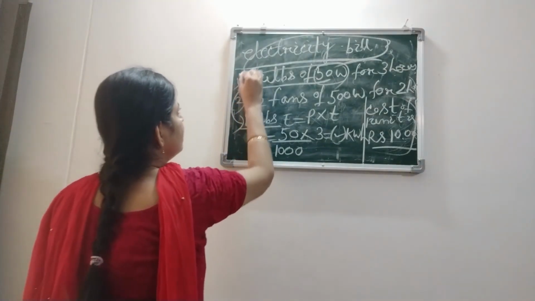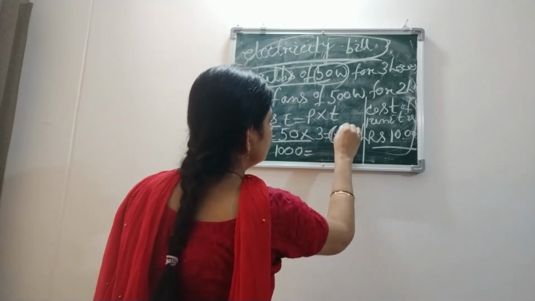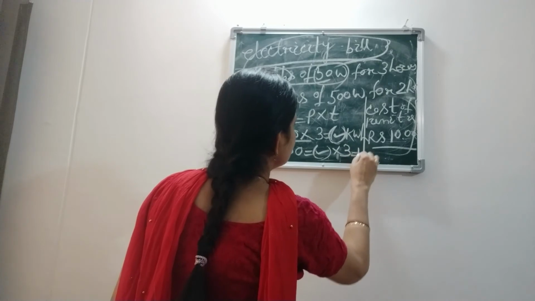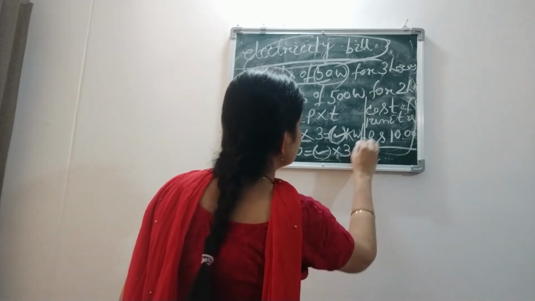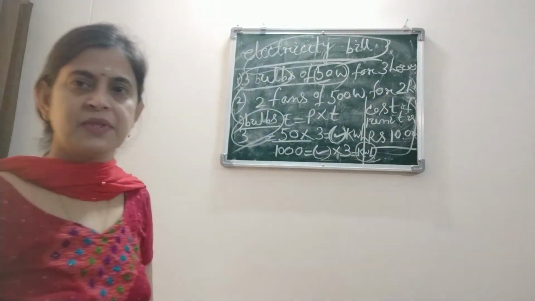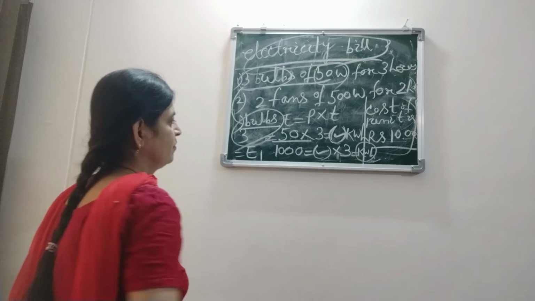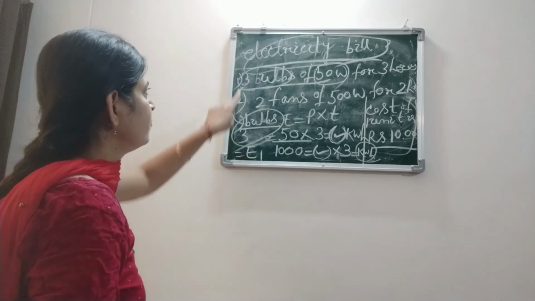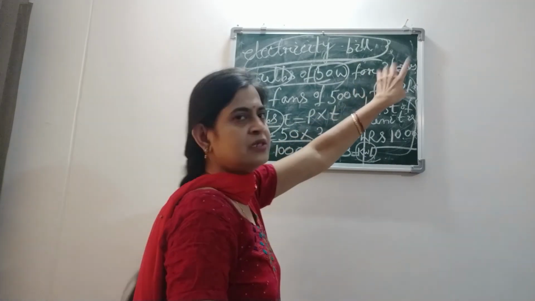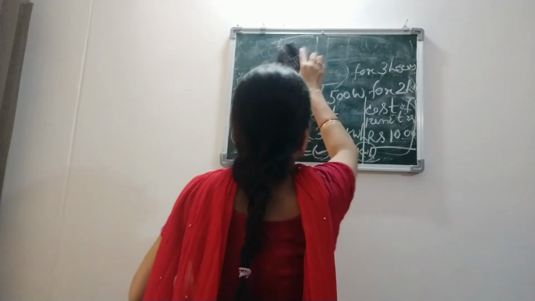Next we have 3 bulbs. So you have to multiply this quantity with 3. That will be the total energy for the 3 bulbs. Clear? Suppose this is E1, means energy for 3 bulbs of 50 watt each used for 3 hours. Then calculate the second one.